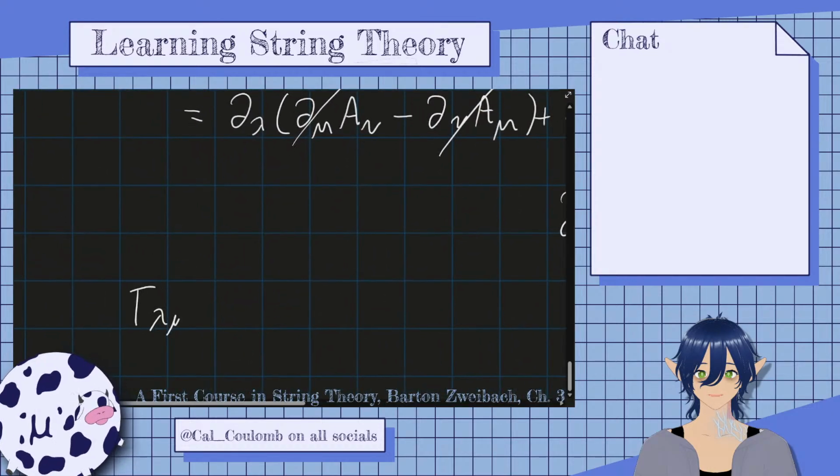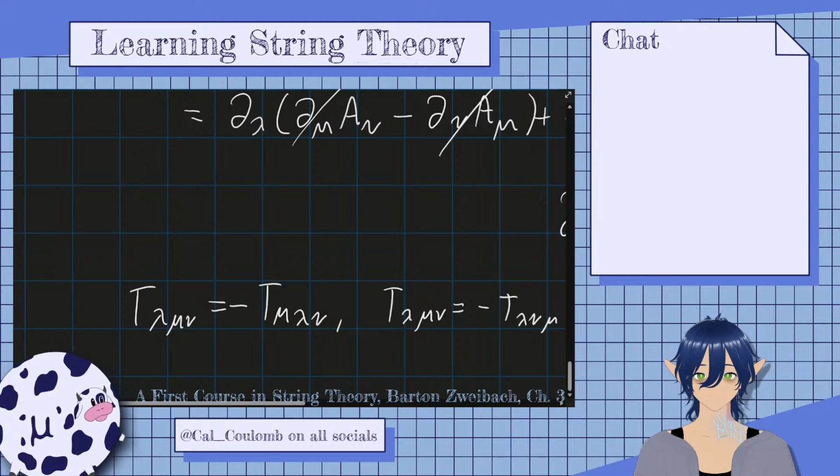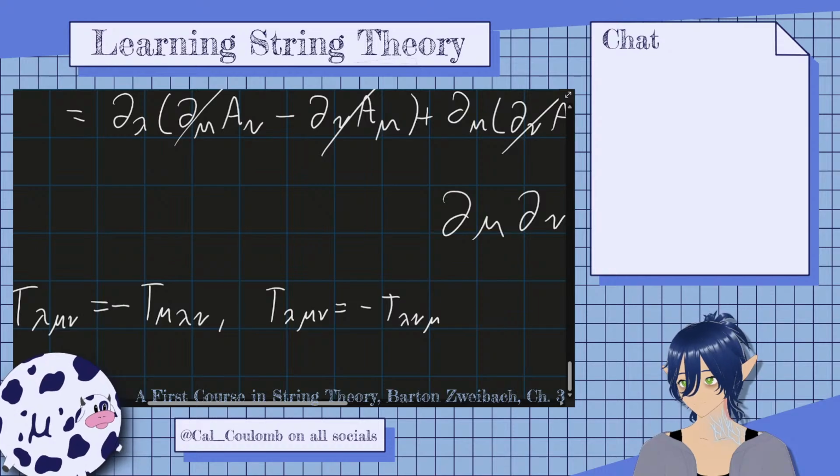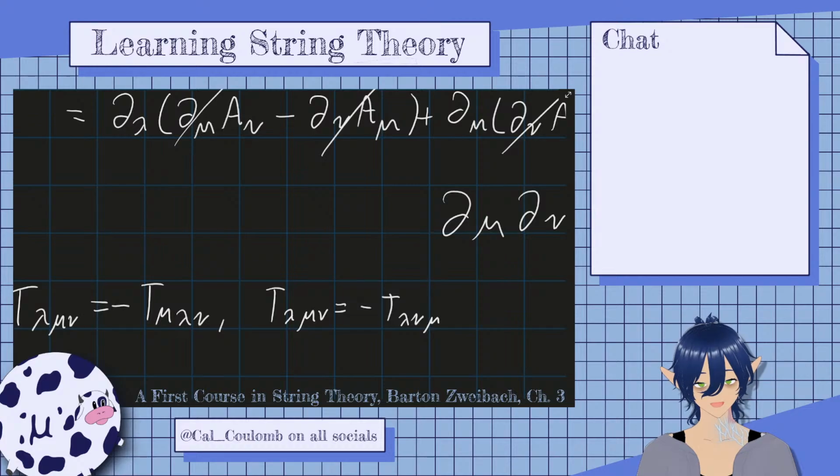T lambda mu nu is equal to minus T mu lambda nu, and T lambda mu nu is equal to minus T lambda nu mu. These two equations follow from 3.23 and the anti-symmetry property of the field strength, F mu nu equals minus F nu mu. They state that T changes sign under the transposition of any two adjacent indices.